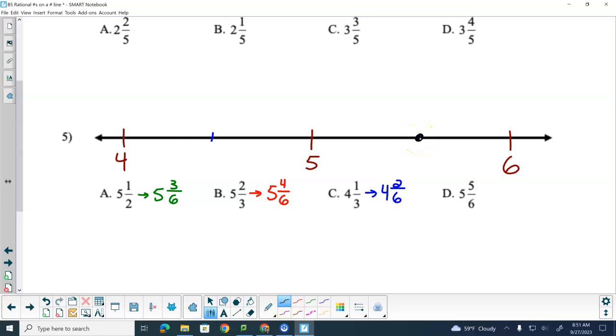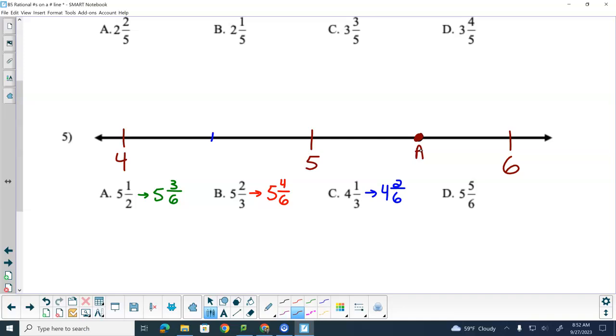A there. B, where should B go? What two whole numbers should it be in between? It should be between 5 and 6.